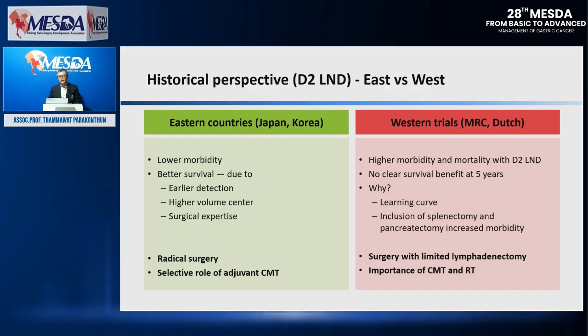In the West, they tried to do this kind of procedure, but with a low number of patients and less experience than in the East. The results from the landmark papers from the UK, which is the MRC trial, and the Netherlands, which is the Dutch D1, D2 trial, demonstrated very high morbidity and mortality after D2 dissection.